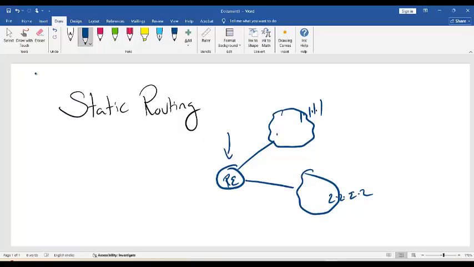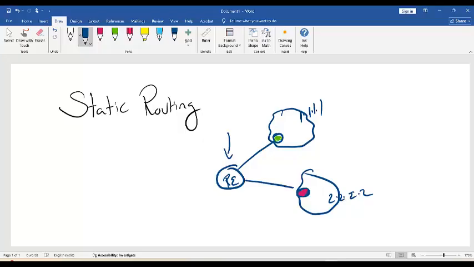It is connected to the provider edge. These two are provider edge routers, the one in the green and the one in this purple. But that 1.1.1.1 is behind the provider edge.